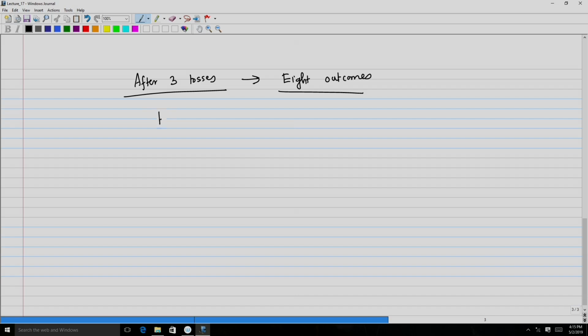At the end of the second toss, you had 4 possibilities: head head, head tail, tail head and tail tail. Now each of those possibilities results in 2 new possibilities.